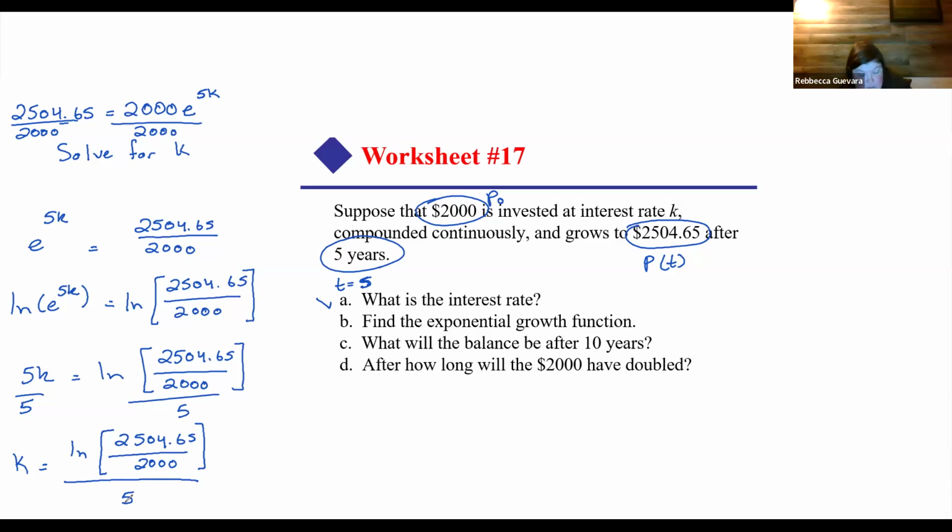I think I remember what this number was, but let me just double check. Yeah, so this is approximately 0.045. So my interest rate is about 4.5%.